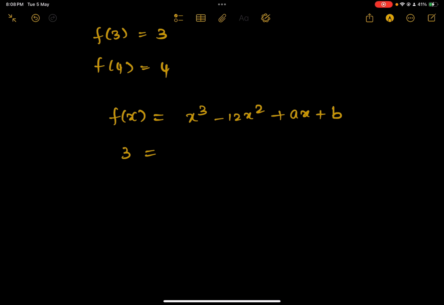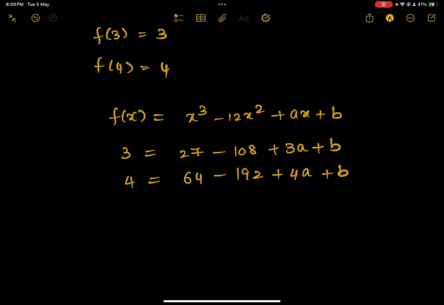So f of 3 is equal to 3. This will be 27 minus 12 nines 108 plus 3a plus b. Put x is equal to 4. This will be 4 cube is 64 minus 16 times 12, that is 192 plus 4a plus b.